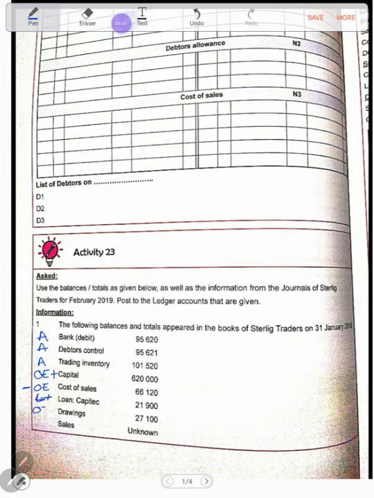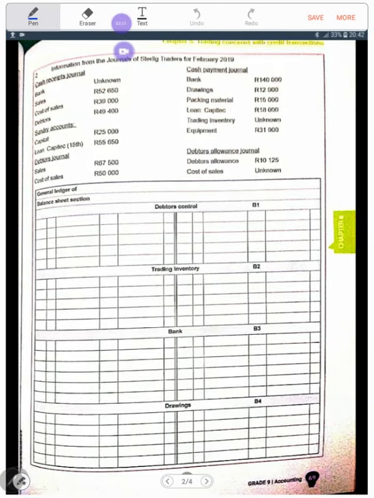Drawings is owner's equity. It is decreasing owner's equity on your debit side. And then we have sales, which is an income, and it falls part of the owner's equity group, which then increases. Alright, and that figure is unknown. There we have our cash receipts journal.